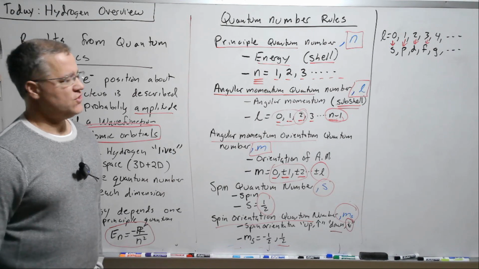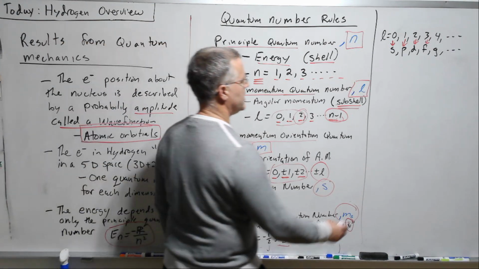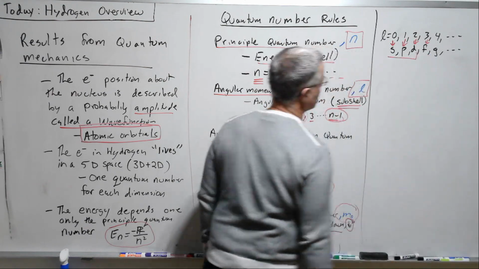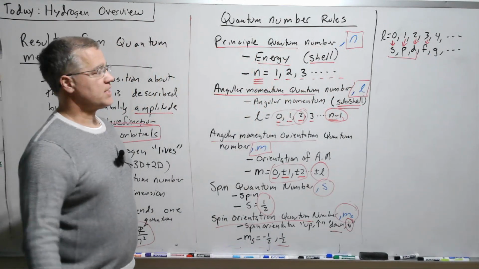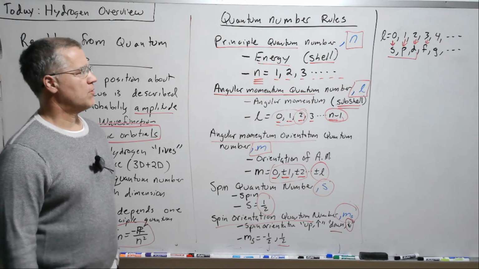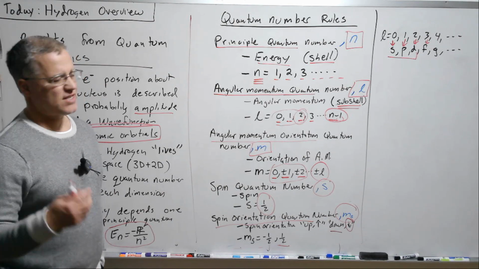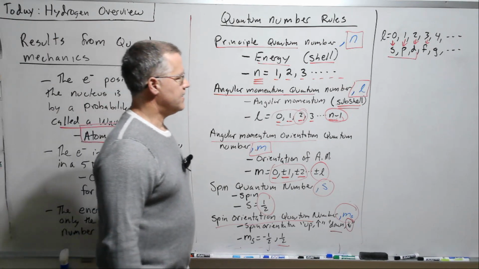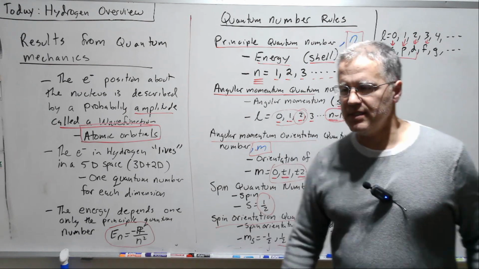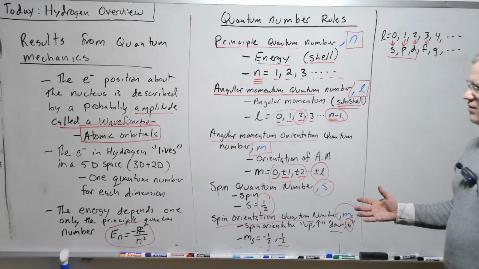So it's F, G, H, and so on up the alphabet. The reason it's not ABC, I think, is historical, coming out of atomic spectroscopy. S, I think, refers to sharp, P as principal, and D as diffuse, as descriptive words for the spectra of hydrogen.